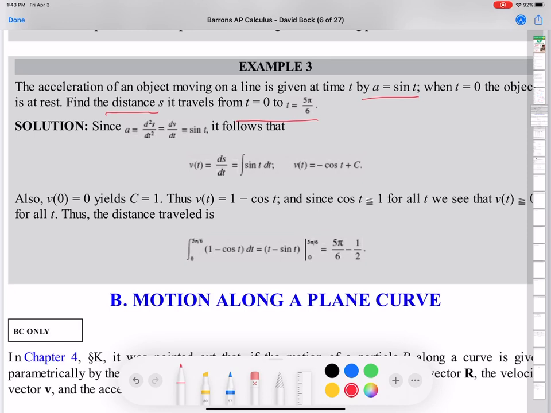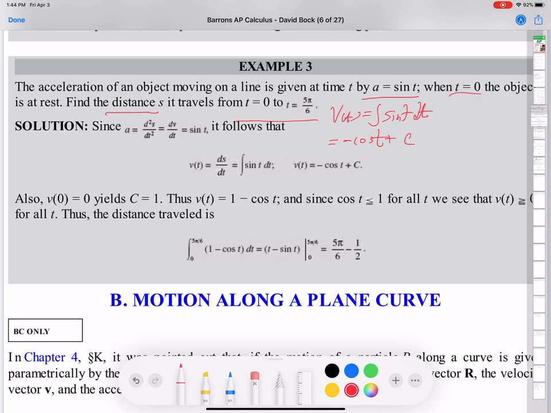To find it, we have to know the velocity function first, because the absolute value of the integral from a to b of v(t) dt is the actual distance, right? So I want to find v(t), which is the integral of a(t) dt, the integral of sine t dt. The integral of sine is negative cosine, and then plus c, that's the velocity function.